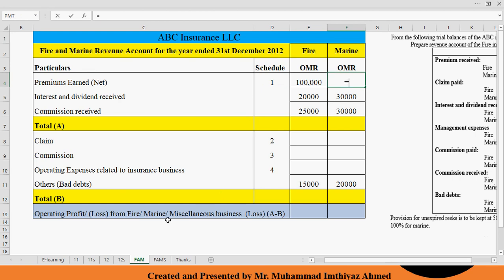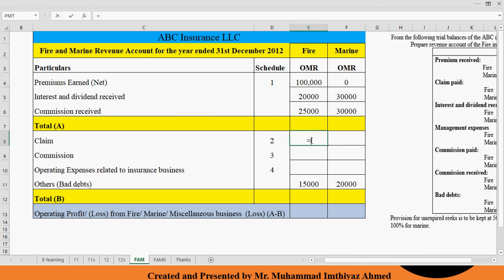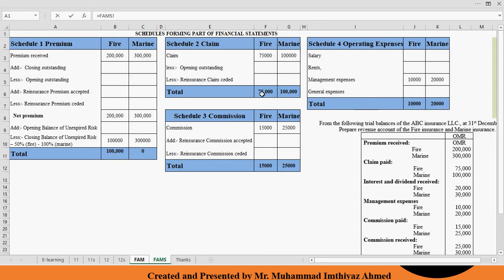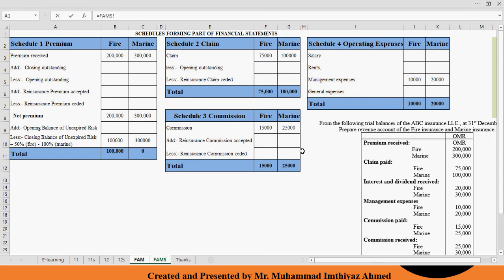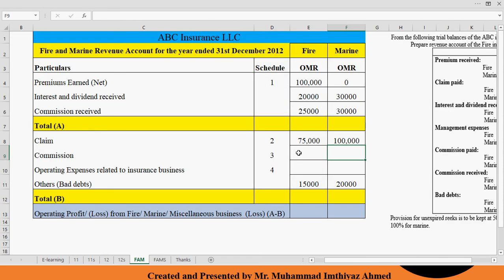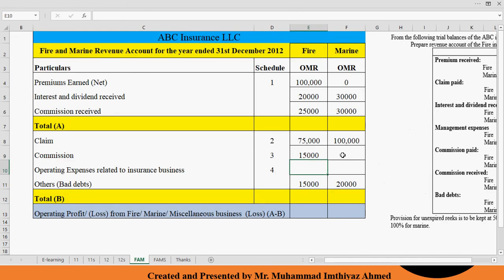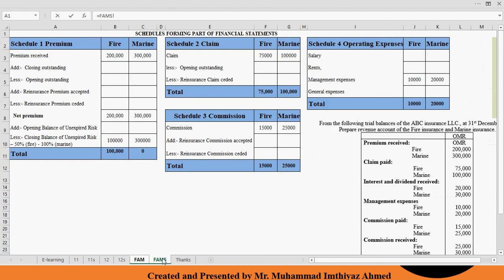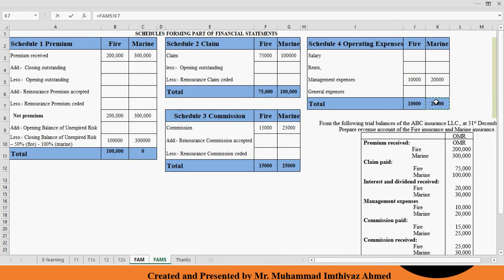But in the case of marine, since we maintain 100%, the amount is 0. So claim amount in the case of fire, it is said to be 75,000, and in the case of marine, it is 100,000. So in the case of commission paid, it is 15,000, and in the case of marine, it is 25,000. Now operating expenses total is 10,000 for fire, and in the case of marine it is said to be 20,000.